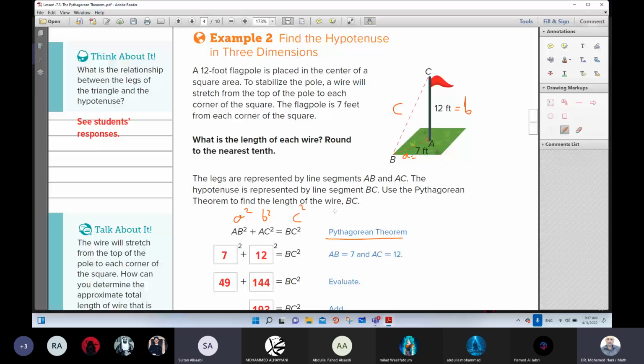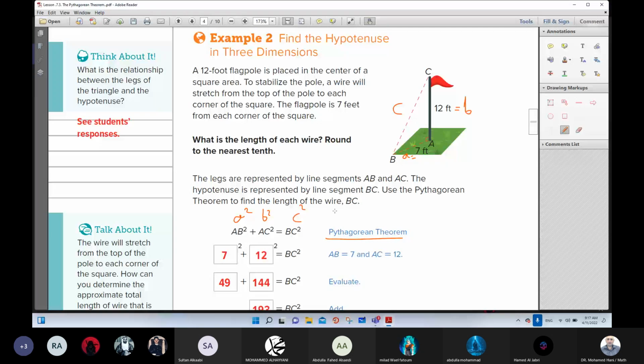Now we know the value of A equals 7. Substitute them. Here will be 7. And the value of B here is 12. Substitute the value here, 12.